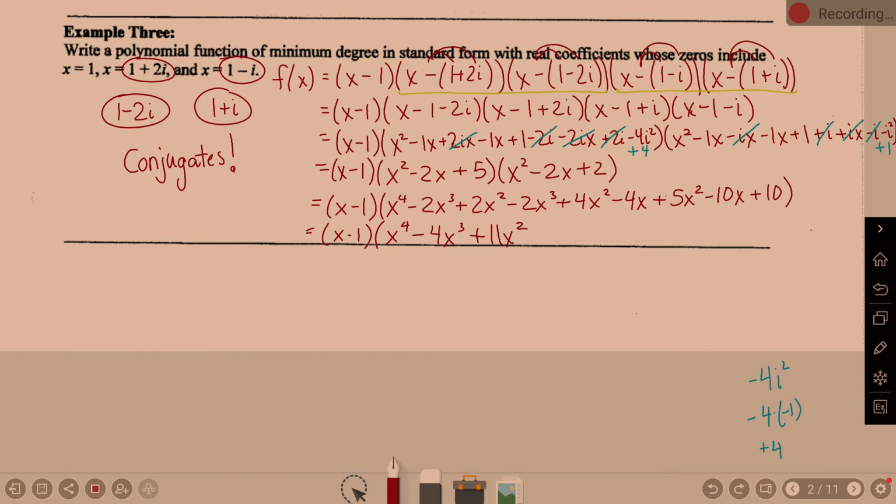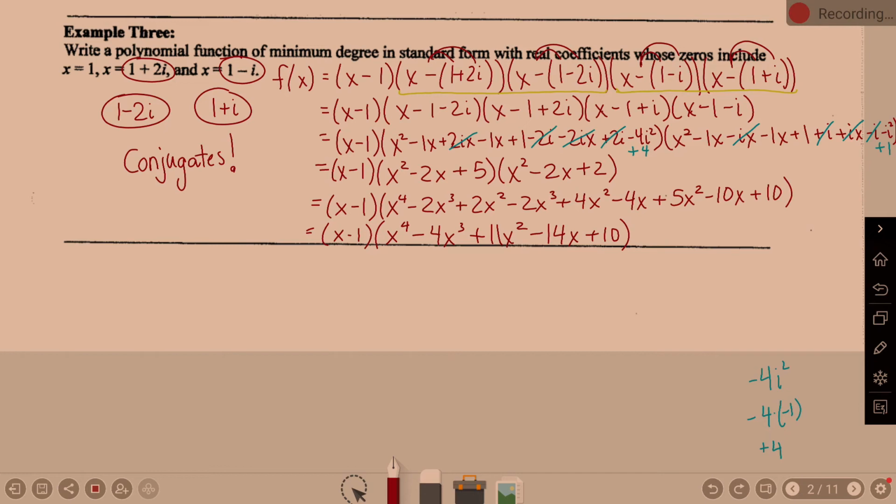Minus 4x and minus 10x is minus 14x. And then plus 10. Again, no one's arguing me, so please argue me if I make a mistake. I'll be honest, I just checked my answer key to make sure that I'm on the right track because I don't want to continue and be wrong.